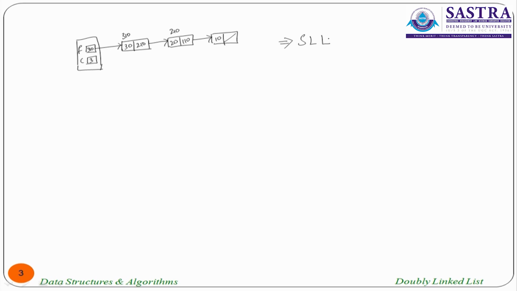What is the problem in this linked list? We can traverse in only one direction. So, the traversal is possible in only one direction.